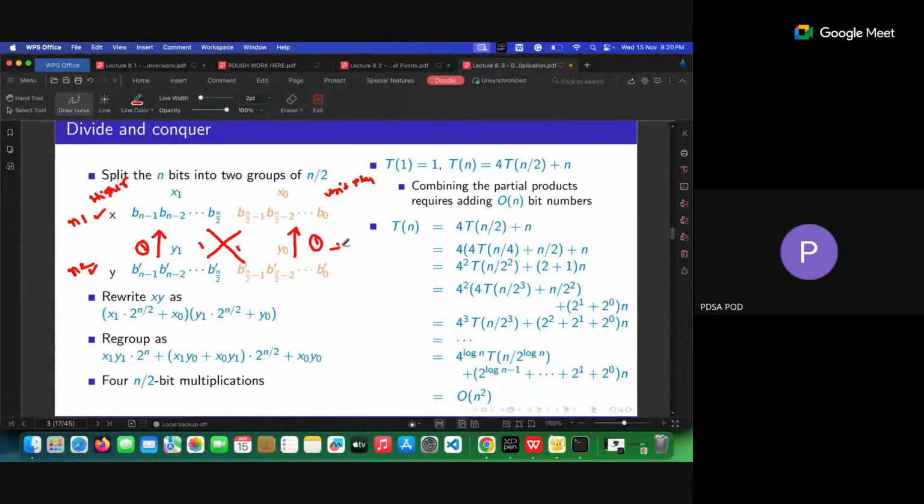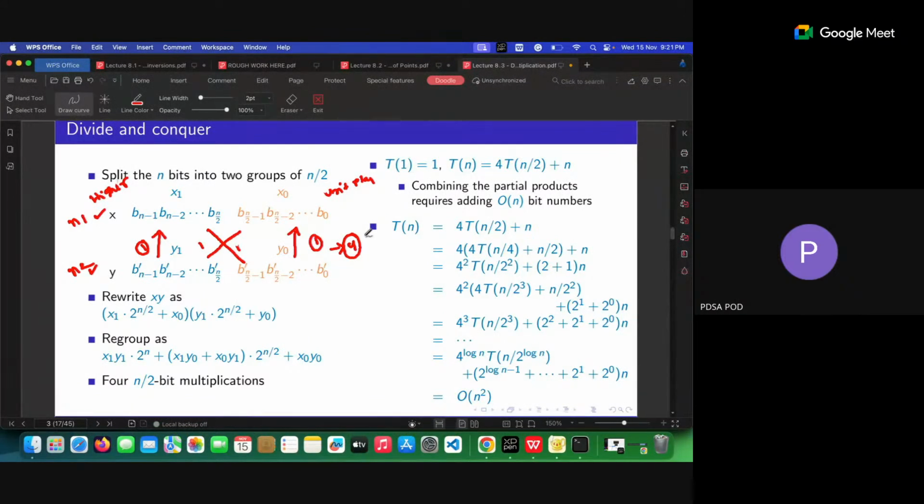Total it is 4. So 4 times the multiplication is done: the first half of the first number with the first half of the second number, the second half of the first number with the second half of the second number, and across the boundaries also.